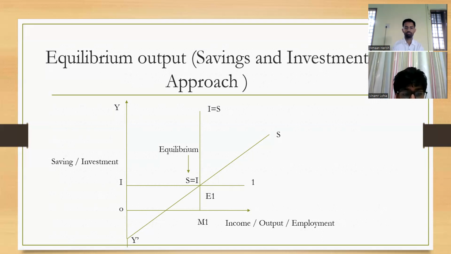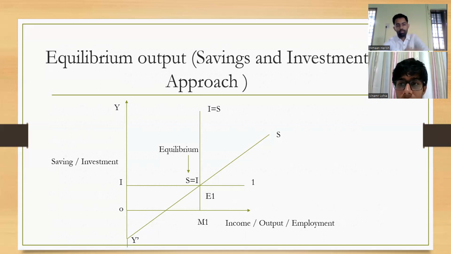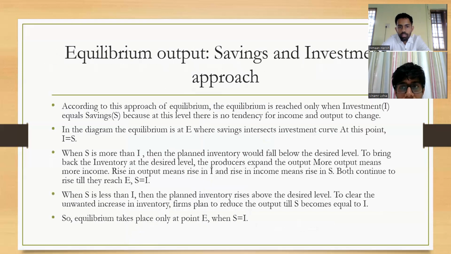So what does this Y with an apostrophe mean? Can it be called the negatively sloping line which starts from y dash? We'll look at it in the explanation.